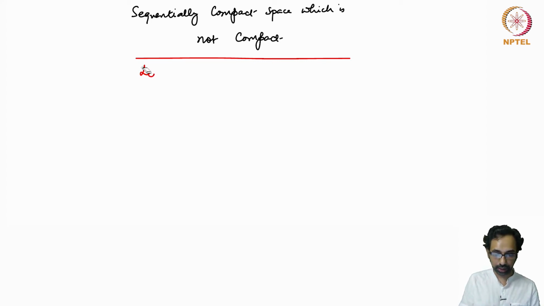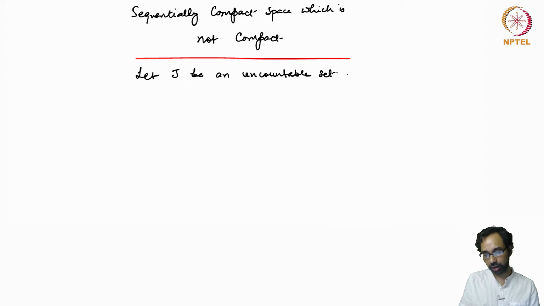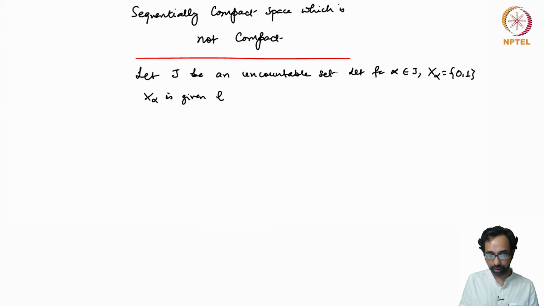So for this let J be an uncountable set, and we let, for each alpha in J, X_alpha be the 2-point set {0,1}. So X_alpha is the same for all alpha, and it is the set of the points 0 and 1, and this is given the discrete topology.